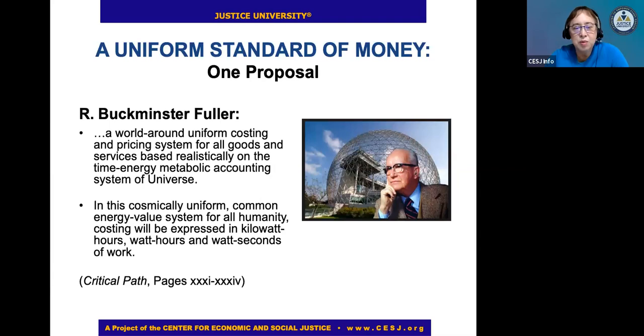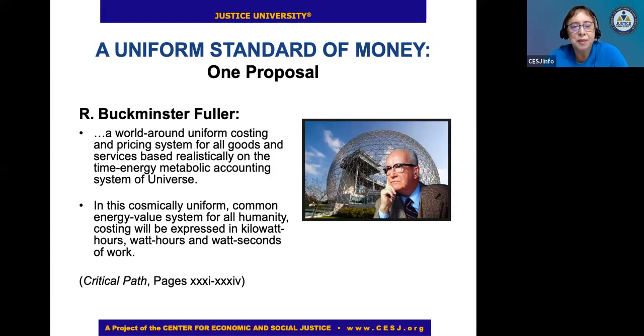And we also need to think in terms of how we have a stable money system, so that wherever we happen to be, whoever we're engaging in transaction with, we know that we're speaking from the same page. We know we're using the same measurement. So one proposal, since at the moment we're not tied to any particular standard, it used to be gold and silver, and it could be a number of different standards.